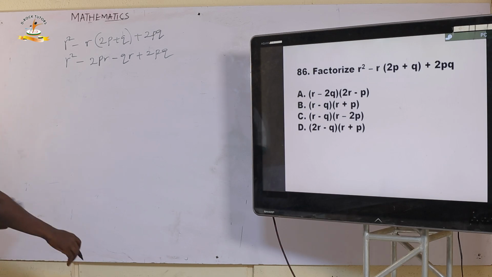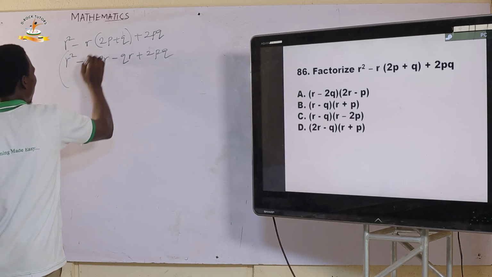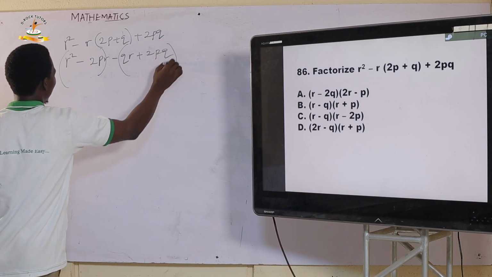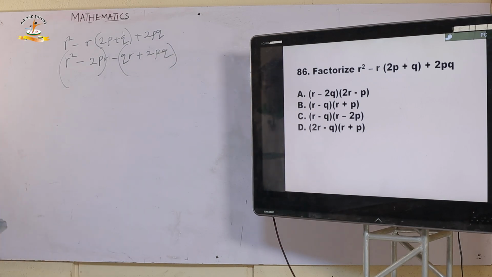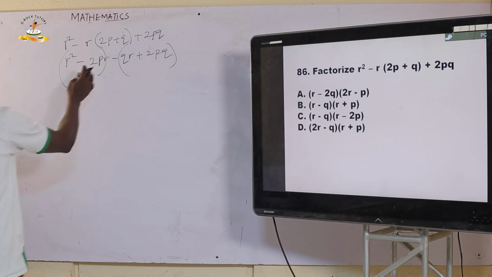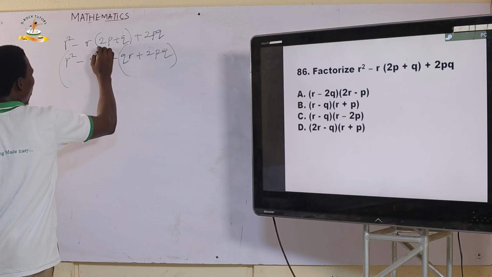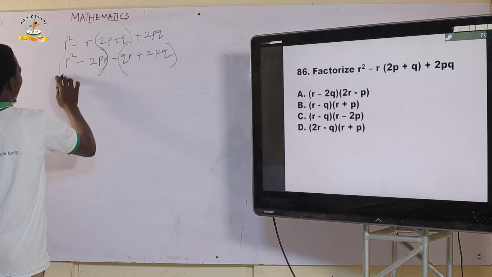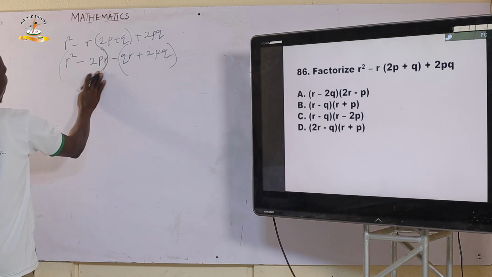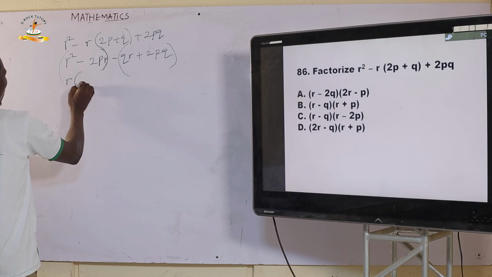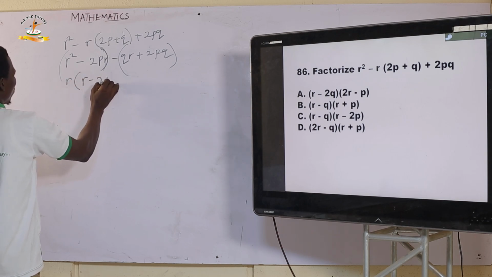And with this, I can look at something very important. I can see I'm going to have r and p as a factor. So I group them, the first two and the last two. And what is common here? R is common here. And I can rewrite that as r into bracket r minus 2p.